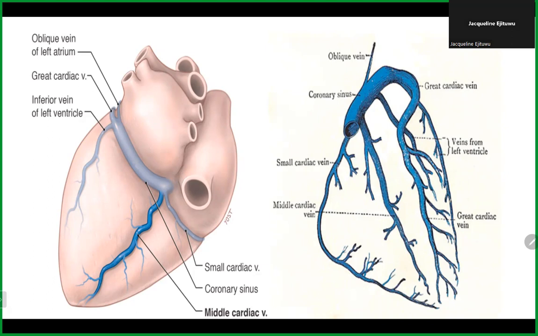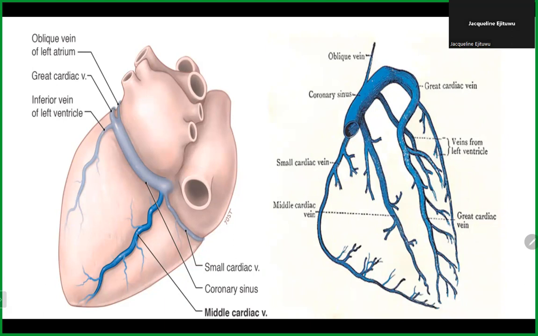So this is just a diagrammatic representation of the venous drainage. This is the coronary sinus, which is the greatest of the cardiac veins drain into before eventually draining into the right atrium. The largest tributary is the great cardiac vein, and then the small cardiac vein.